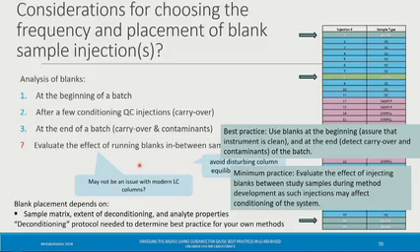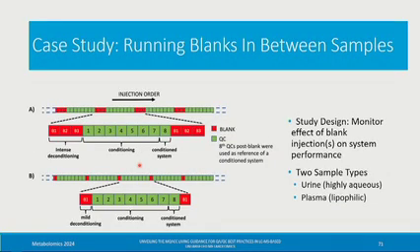So here's just a little bit of data to see what happens if you're running blanks in between samples. We have two different experiments that were done here with a bunch of QC samples.